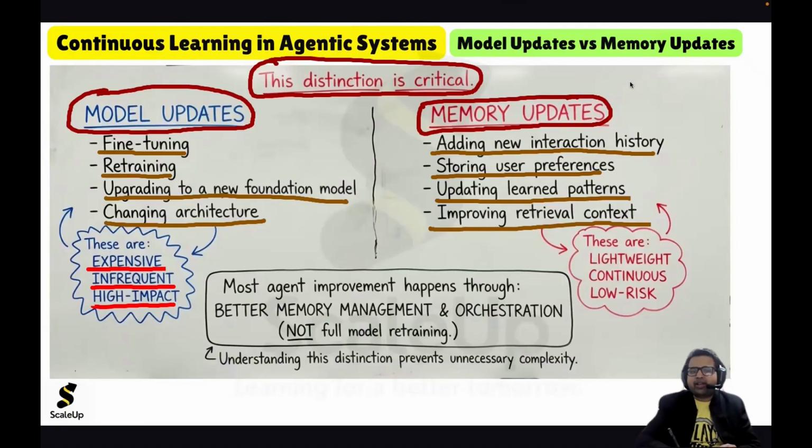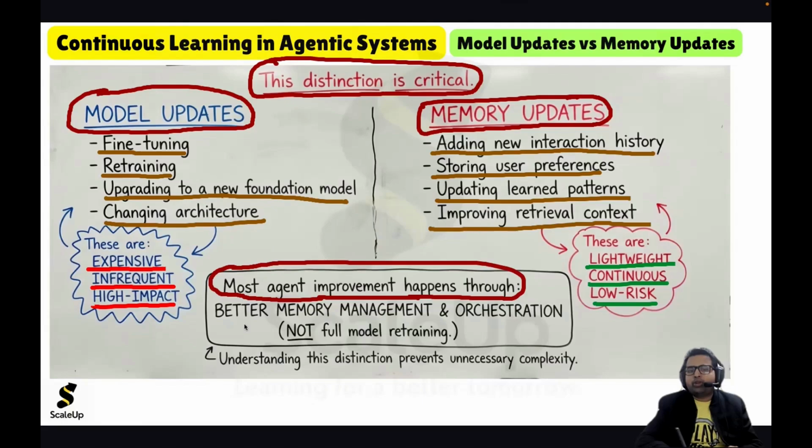So memory updates are lightweight, they are continuous. We will keep on doing it, and it is low risk. So the idea is most agent improvements happen through better memory management and orchestration, not full model retraining.